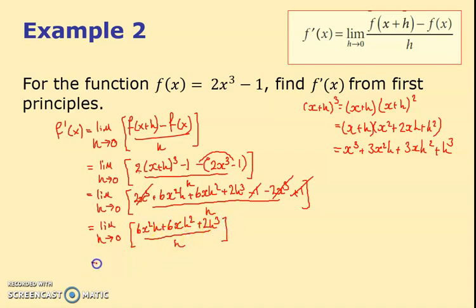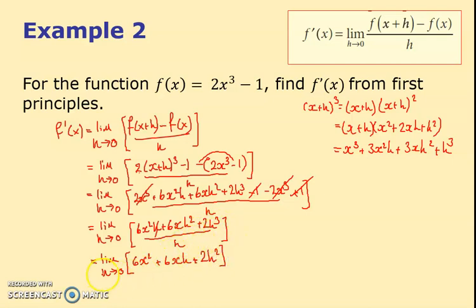And when you divide by h, of course, you lose a few h's along the way. So what do we get? We get that disappears, so that's 6x squared. This one retains an h, 6xh, and this retains 2 of them, so 2h squared.